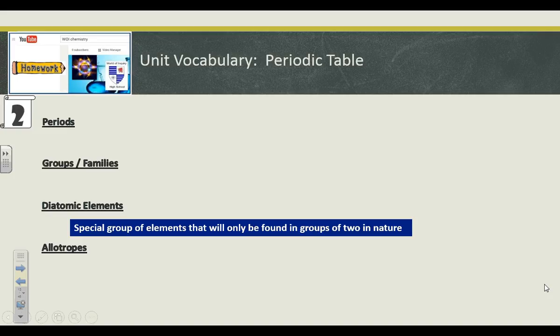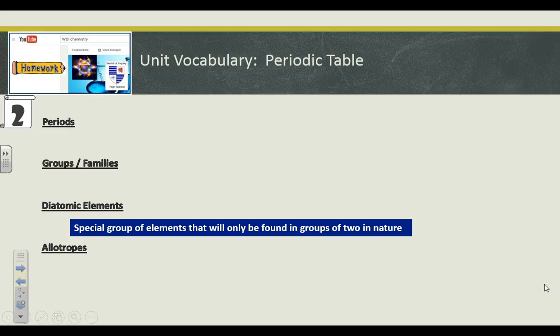If it's going to be by itself and not bonded to anything else, it's got to be bonded to another one of its like atoms. Did I confuse you good enough? We'll go over that in class, don't worry. Make sense of it all.